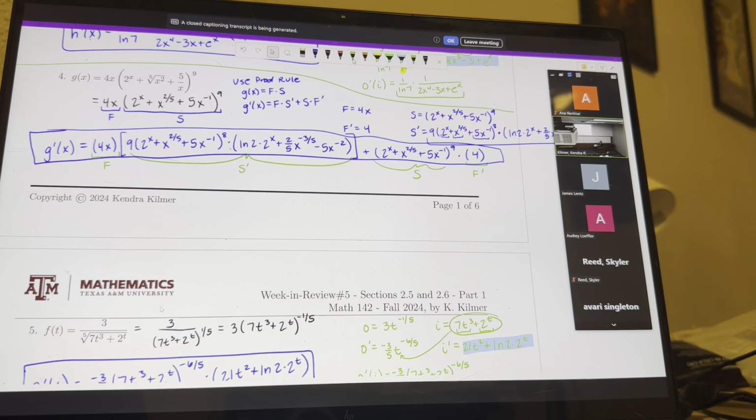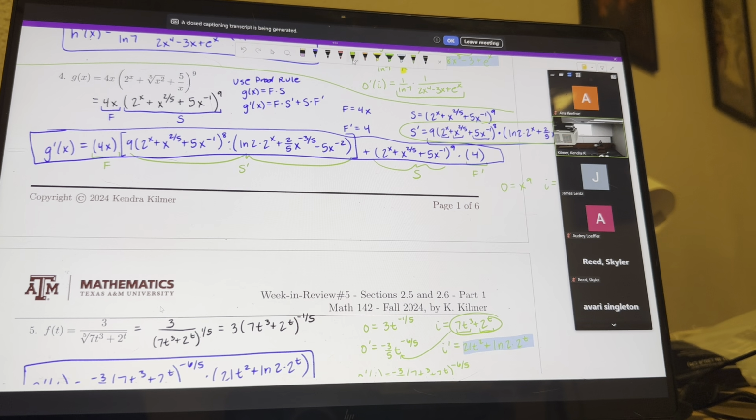So if we wanted to, we could identify our outer to be x to the 9th and our inner to be 2 to the x plus x to the 2/5 plus 5x to the negative 1, right? And so we could view the overall answer on number 5 to be very similar to how we found S prime on number 4. Okay, perfect. Thank you so much.